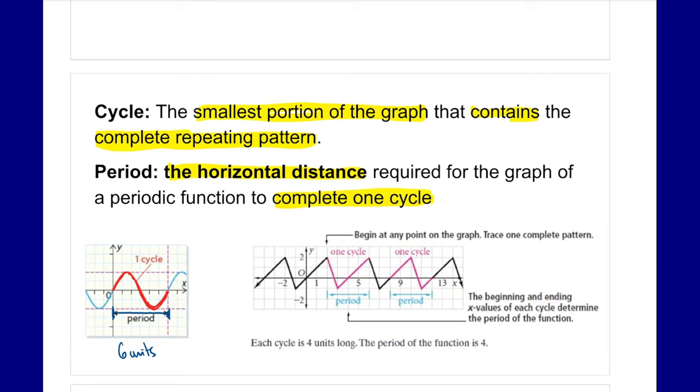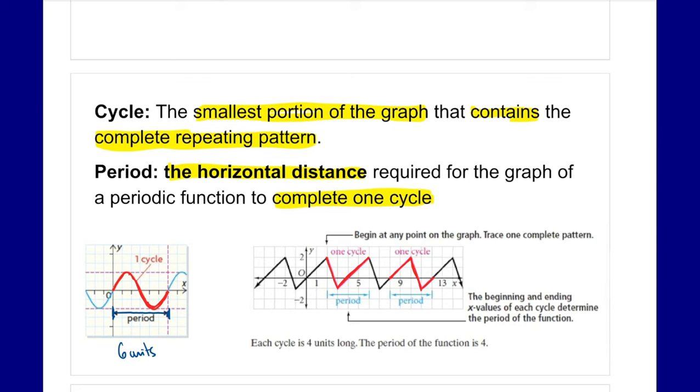In this other example, basically to figure out the cycle, pick any point to start at, and just continue tracing until you reach that same point again. So in this case, this is one cycle. I also have another example where I could start here, go up, and come back down.